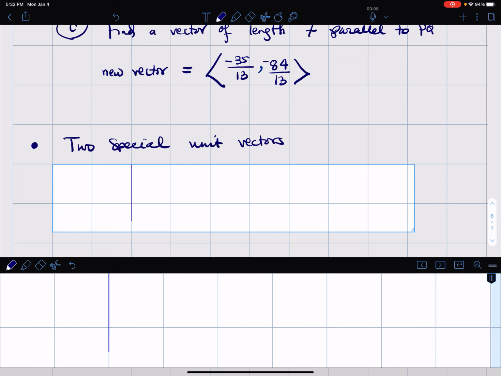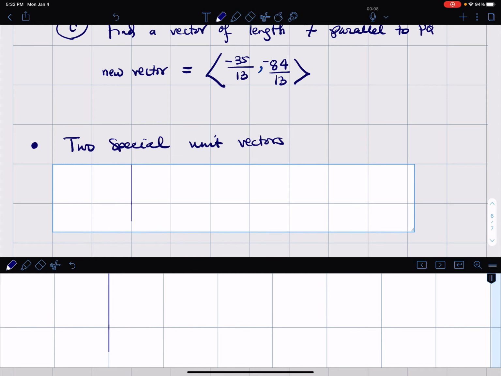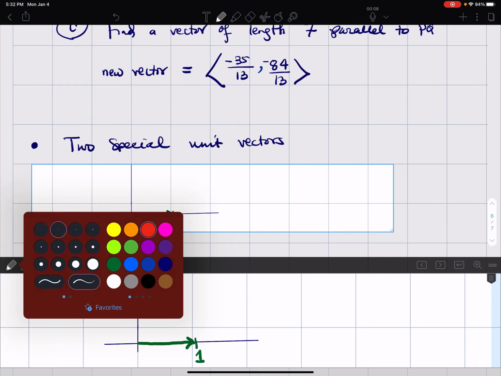Let me write it and then you tell me whether you've seen it. Assuming we have our y-axis and our x-axis, and we have a vector that just went up to here. This is 1. And we have another vector.